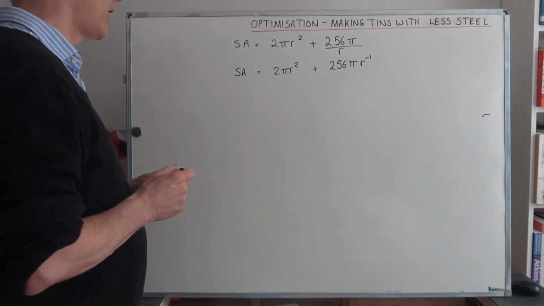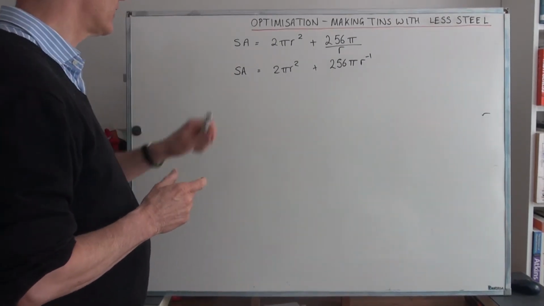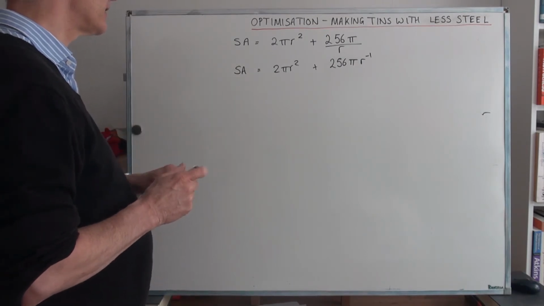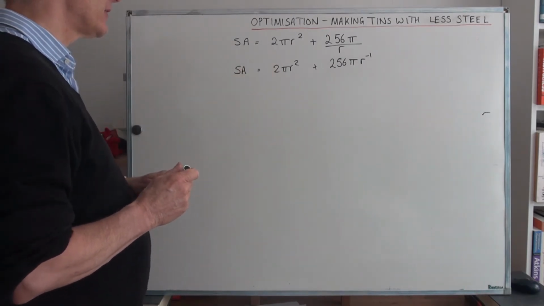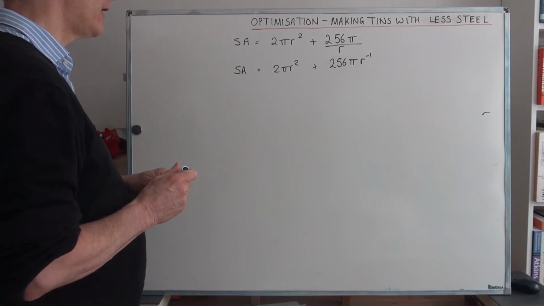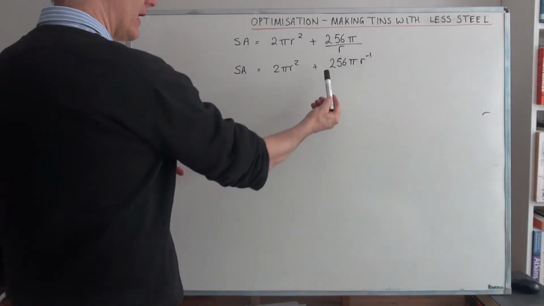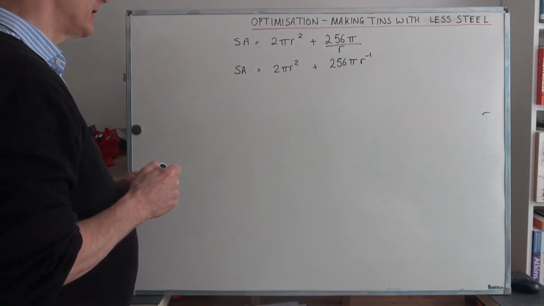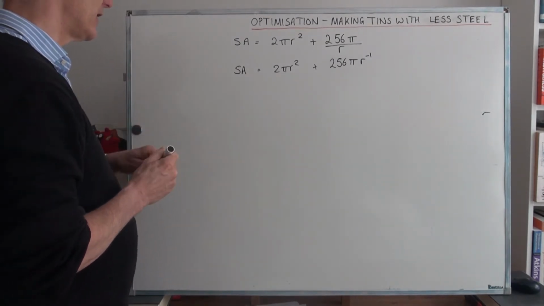So picking up our problem with the cleared board and everything moved to the top, we have this statement that the surface area is equal to 2 pi r squared plus 256 pi over r. This bit I'm going to rewrite as a power function to make it easier to differentiate. So now we're going to differentiate this.